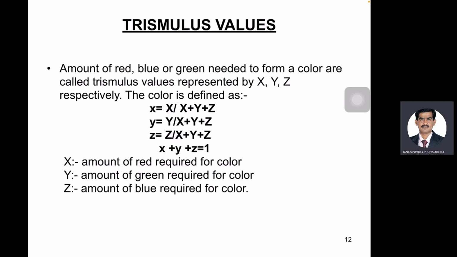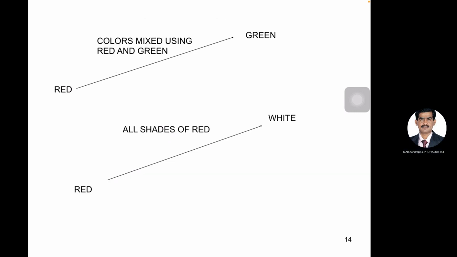A straight line joining any two colors on the chromaticity diagram represents colors which can be formed by mixing those two colors. So colors can be mixed using, for example, red and green, or red and white. See here the chromaticity diagram.